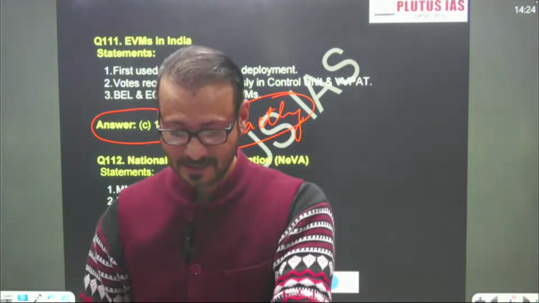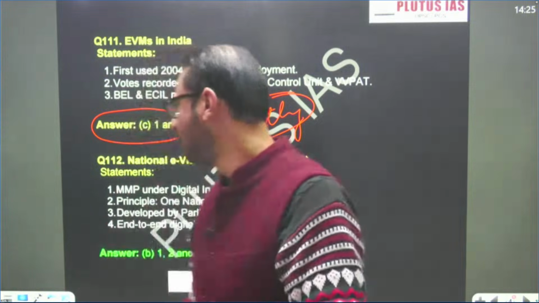So the first option: it's a mission mode project under the Digital India programme of the Government of India. Next, this application is based on the principle of one nation, one application. Number 3, it has been developed by the Parliament Secretariat. Number 4, its core aim is end-to-end digitalization of all the functions of the state legislature.